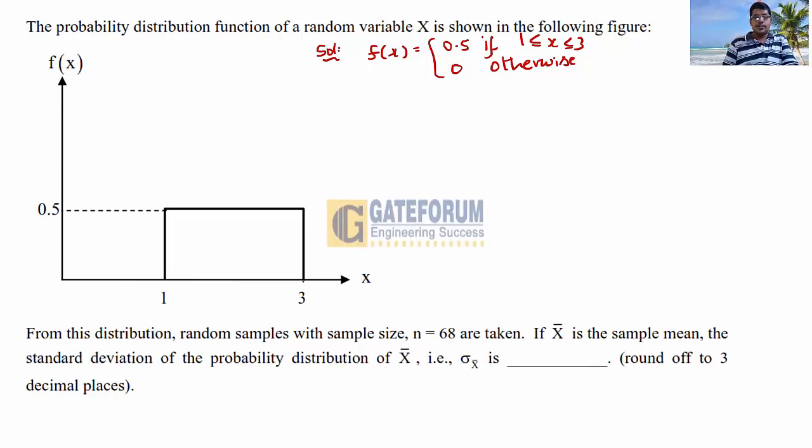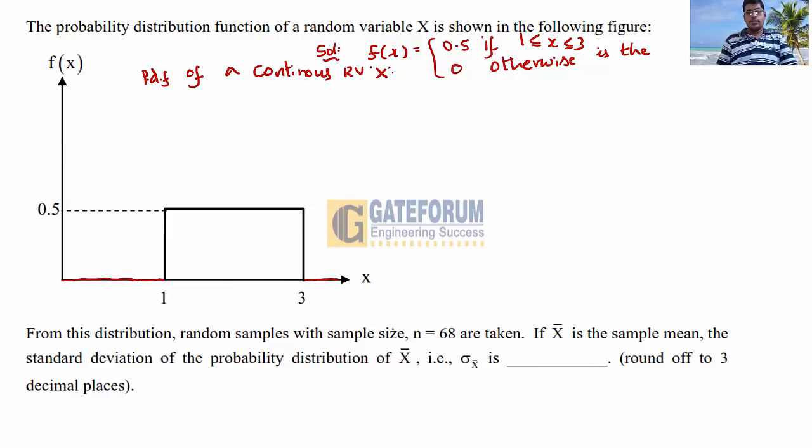This is when the graph lies on the x-axis, the corresponding y value, that is function value f of x, is 0. Because here it is a continuous random variable, f of x is the probability density function, that is PDF, of a continuous random variable, RV stands for random variable.